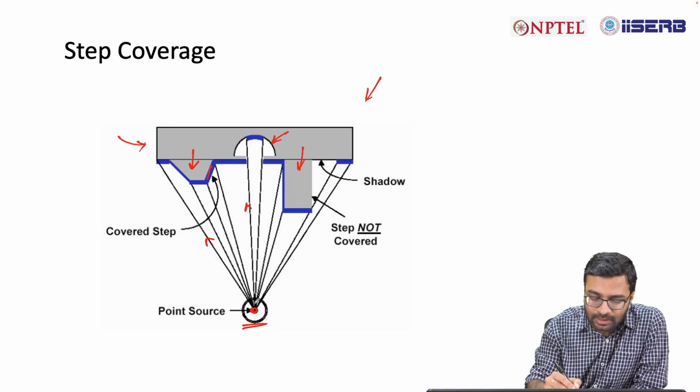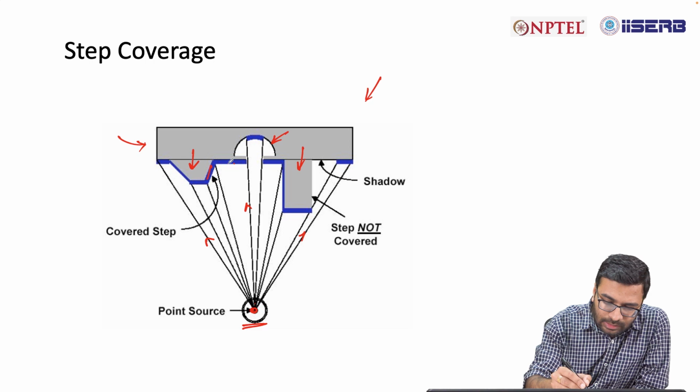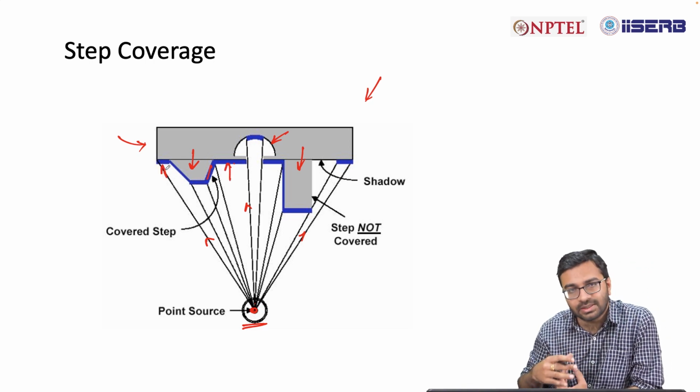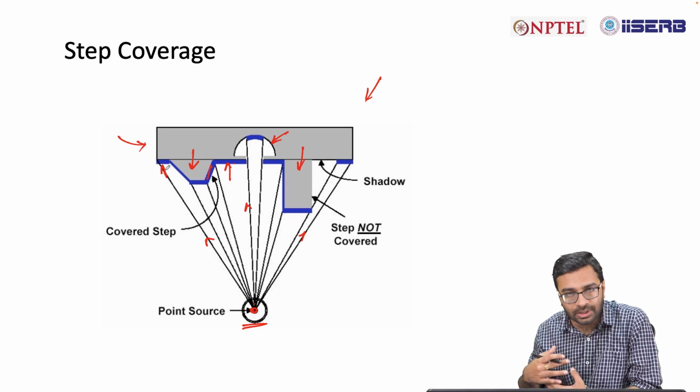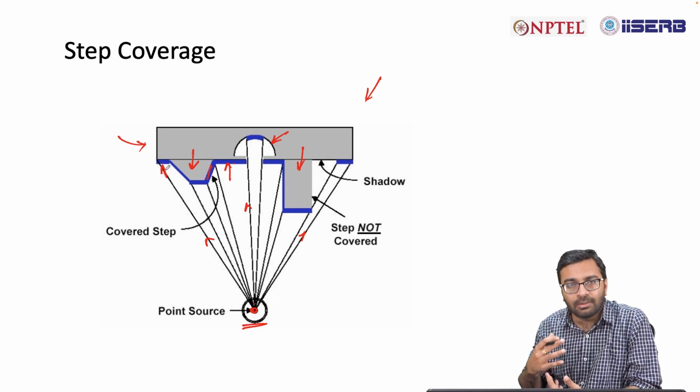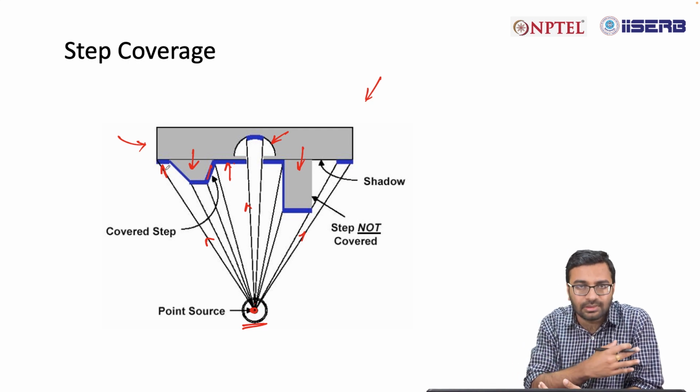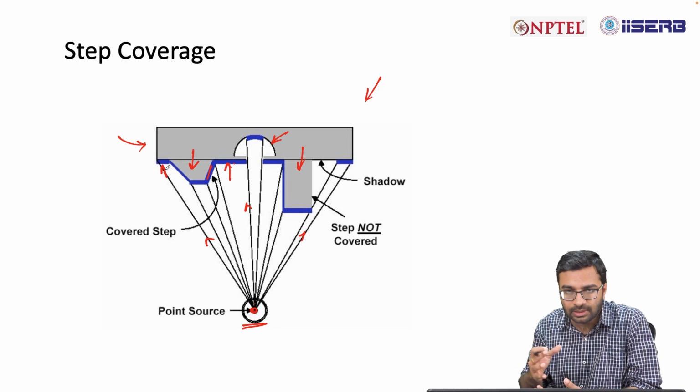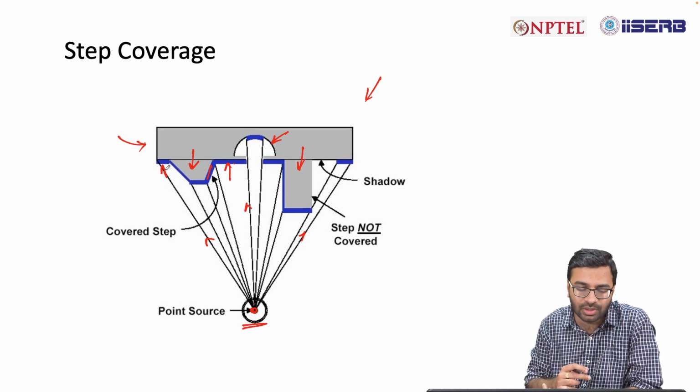Because it's a point source and directional, in here you will find the depositions are okay because the materials are coming in contact with the substrate directly, and that's why the depositions are taking place at a relatively higher rate compared to other areas of that substrate.